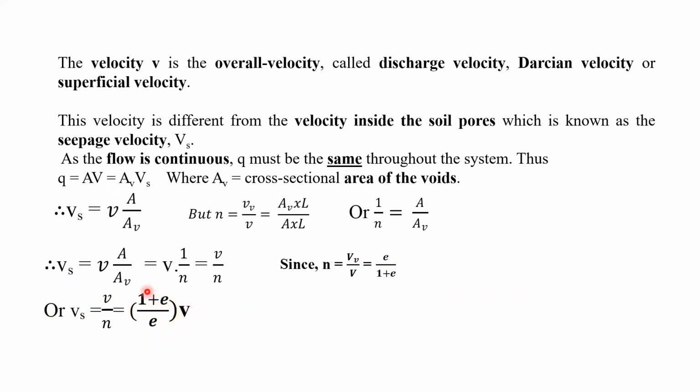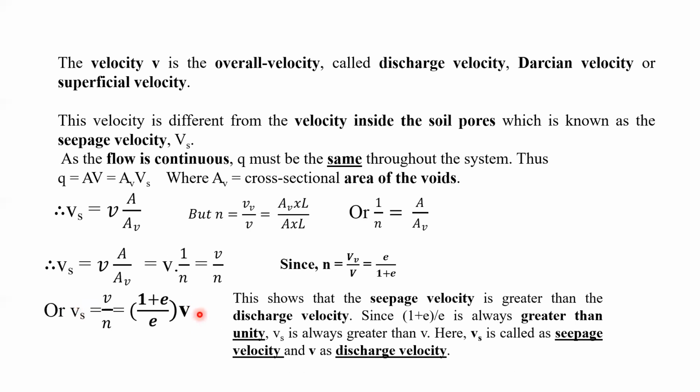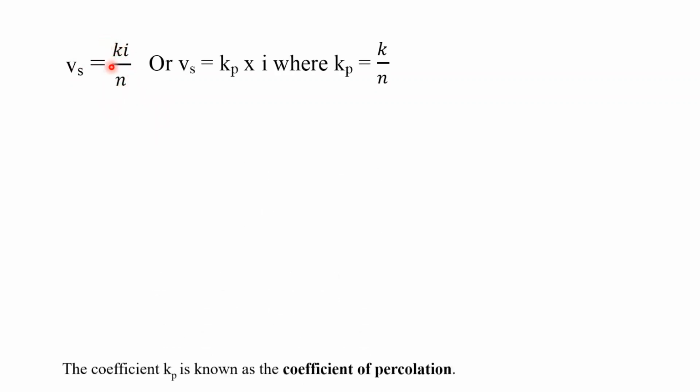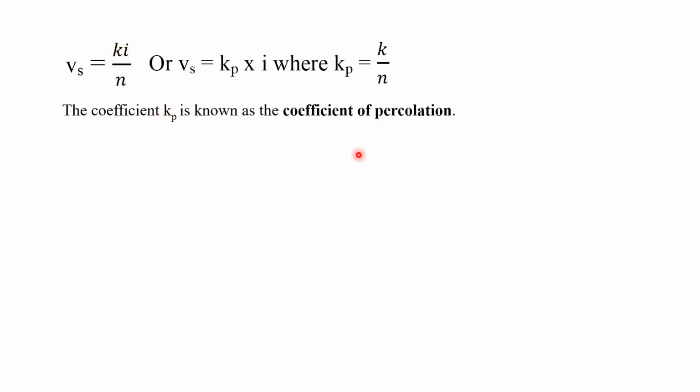Suppose you assume e is equal to 0.5, for example, then 1.5 by e into v. So definitely we can say the seepage velocity will be higher than the discharge velocity. Next, seepage velocity is equal to v by n, and v is equal to Ki. So K by n is called the coefficient of percolation. Sometimes this is also asked: what is the coefficient of percolation?